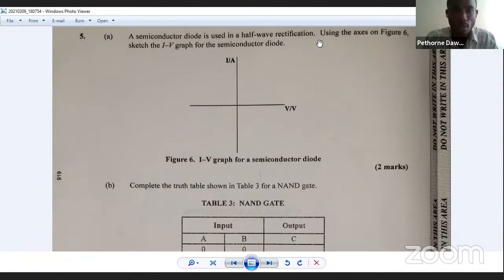Half-wave rectification is a fancy term that is really talking about alternating current. Alternating current goes up and down like a transverse wave. The diode cuts off half of that. So if it is the upward pulse that it allows, it doesn't allow the downward pulse.